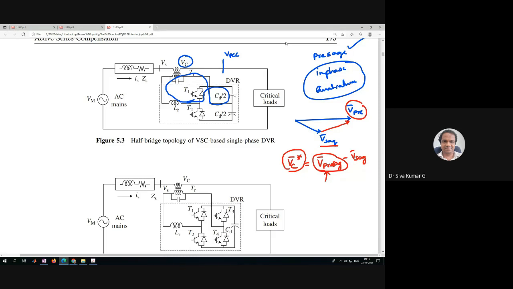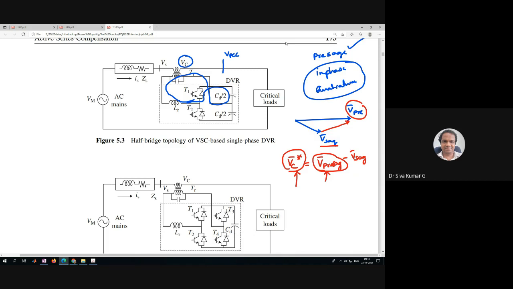This is about estimating the compensator voltage, the series active power filter voltage, or the dynamic voltage restorer. Whereas in a D-STATCOM, there are different theories to generate the filter current. But here, in general, pre-sag compensation is an appropriate method. Why?